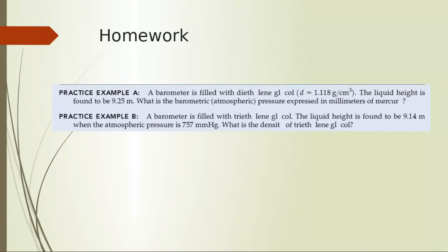And the second one is not the ethylene glycol. This is triethylene glycol, and they gave the height of the triethylene glycol and the pressure. You only have to find the density of triethylene glycol.